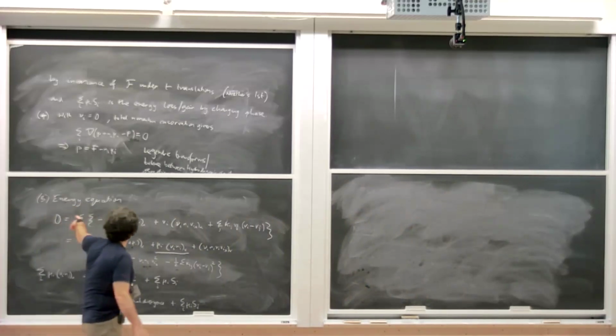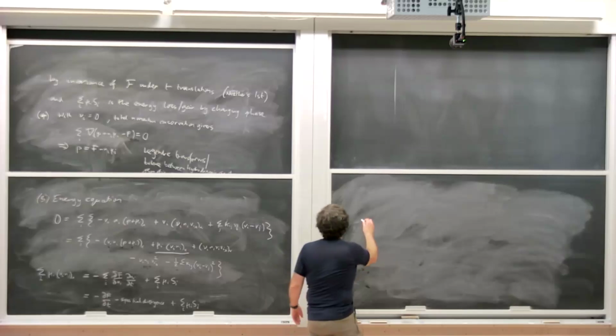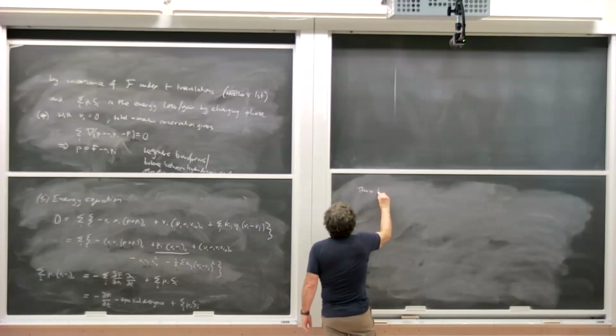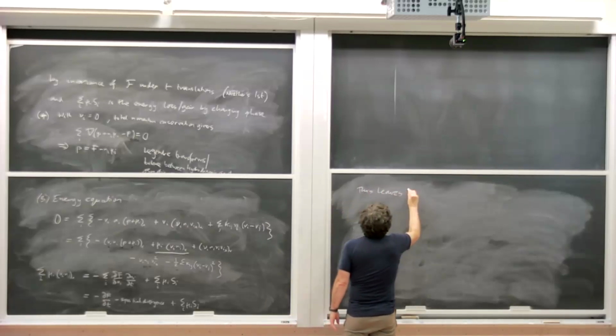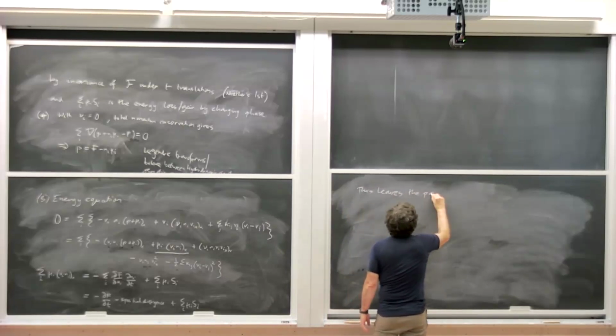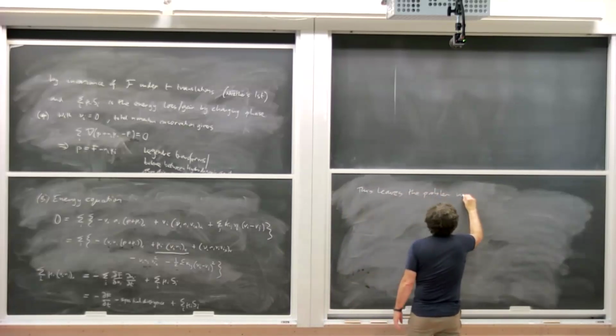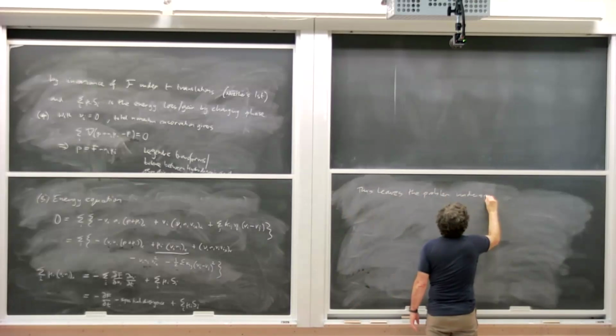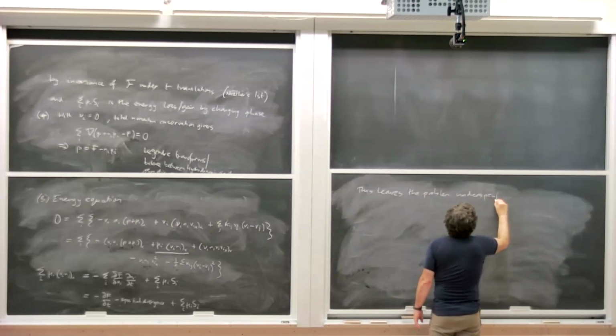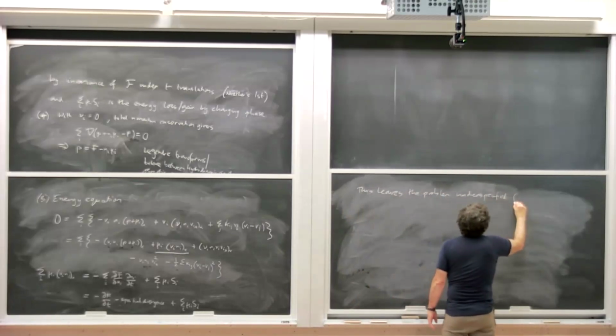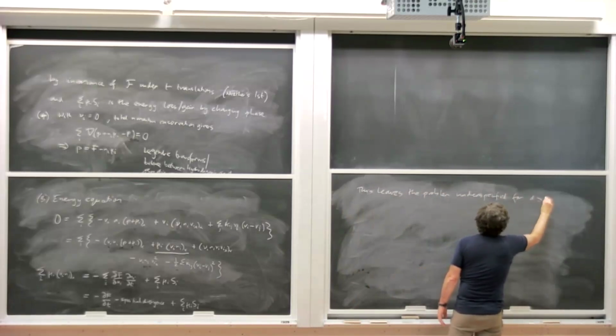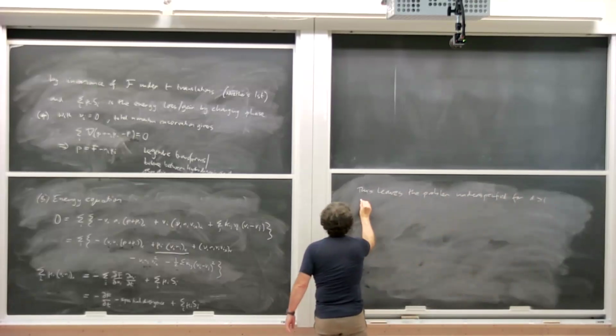So the problem with what I wrote down there, this leaves the problem underspecified in high dimensions. So for D bigger than 1, and that's Noether's second.